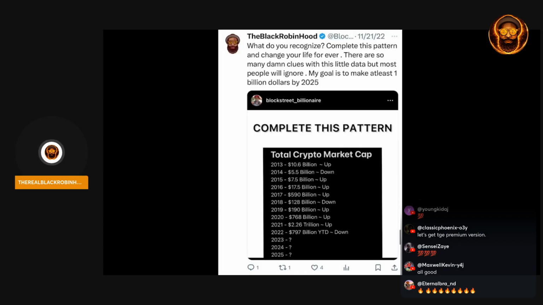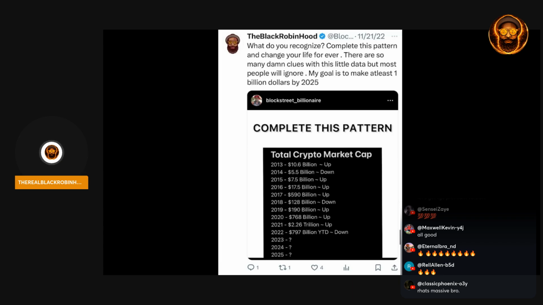Then in 2022, it dipped. So this is how you have to look at it. This was a $2.2 trillion market cap. Then it dropped to like 800 billion. So in order for it to go back up to 3 trillion, that means new money came in. The same thing is happening now. It went up, up, up, and now we are down.